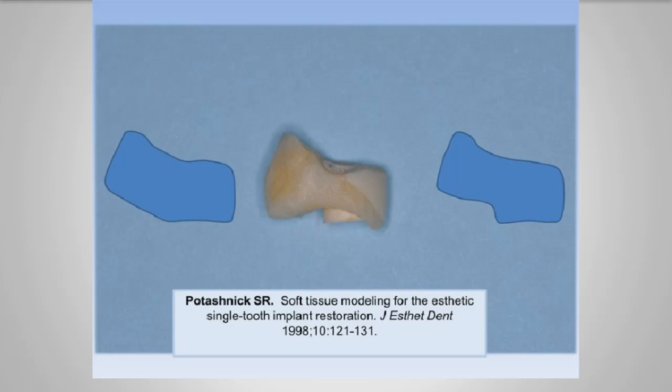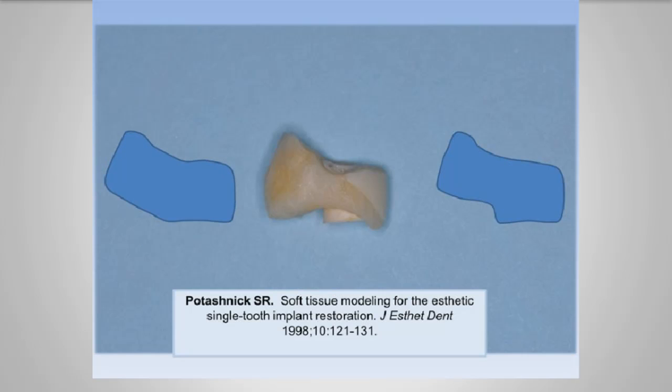This implant is perhaps a bit shallow to very gradually develop that contour. Well, what we would love to see is a restoration that looks more like that. This is a much more gradual development of the emergence profile. But if you notice, in order to achieve that, do you see how this platform has been shifted apically from here, where the apex would be here?